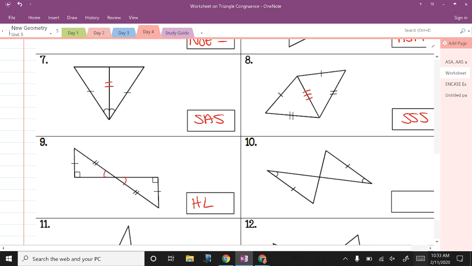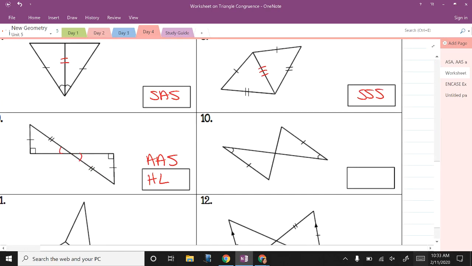So I've got this angle, and then right angles are congruent, and then a side. So I could use angle, angle, side as well. So either one of those would be correct. Raise your hand if you marked both of them to start with. Y'all are awesome. But hypotenuse leg is absolutely correct, and it was pretty obvious on that one.